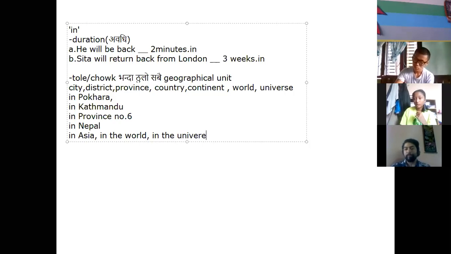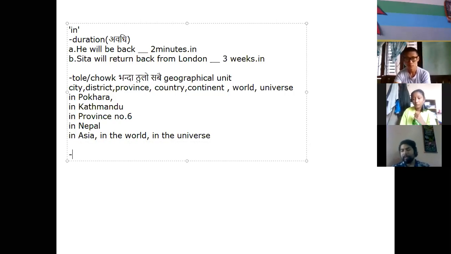In is the term used for those geographical units. So when you are speaking, and also in an exam, when such terms come, you must use in as the preposition. So next one is direction and daybreak.